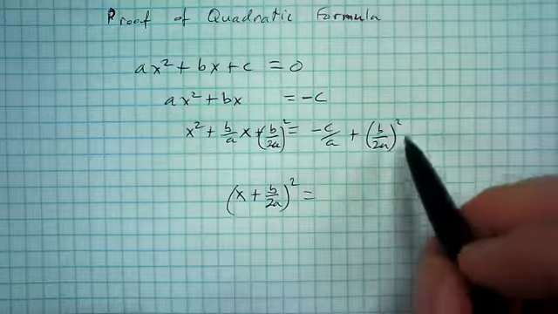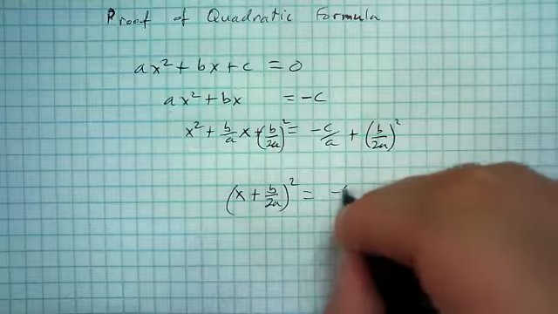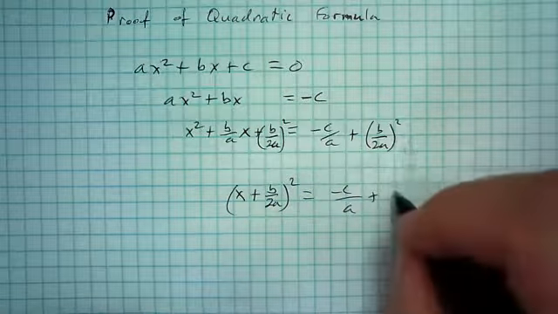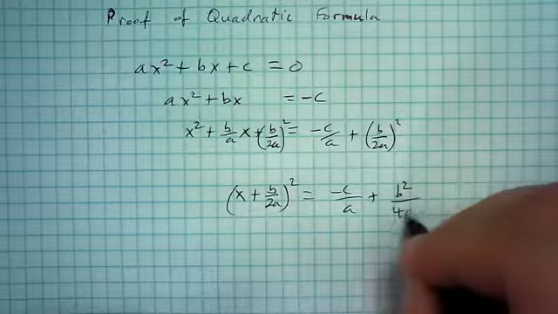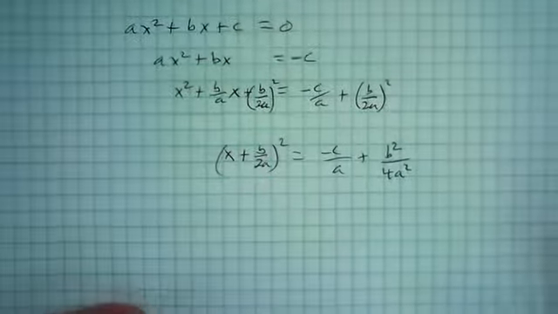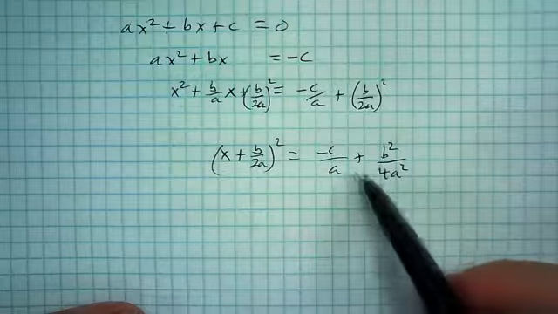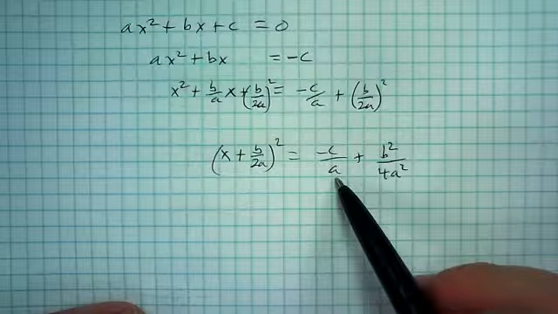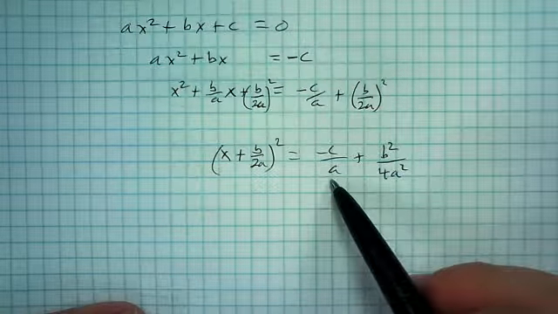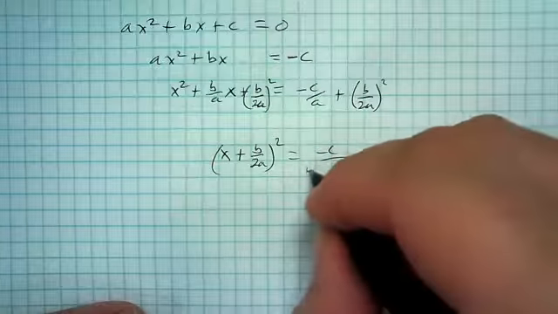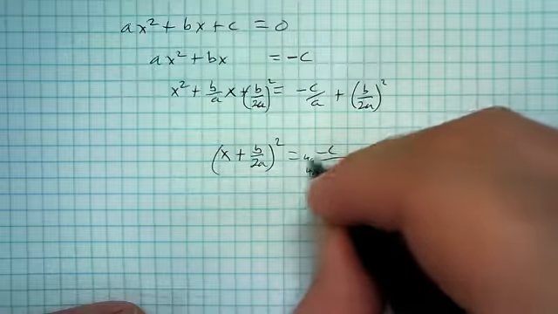On this side, when I square b over 2a, I'm going to get b squared over 4a squared. I just square all the parts because it's multiplication. Now in order to add these together, I'm going to need a least common denominator. So I have to multiply this fraction by 4a on top and bottom.